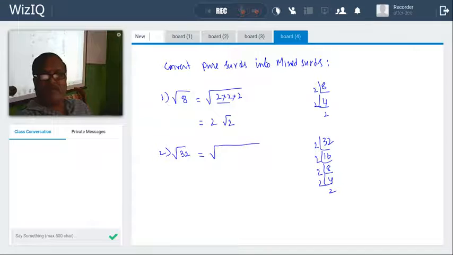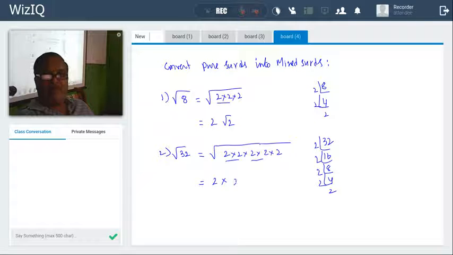So square root of how many twos? 5 twos. Because it is square root, for every two numbers, one number will come out. So one number will come here, one number. Only a single 2 is left in the square root. So it is equal to 4 root of 2.